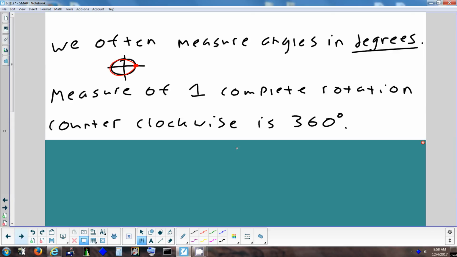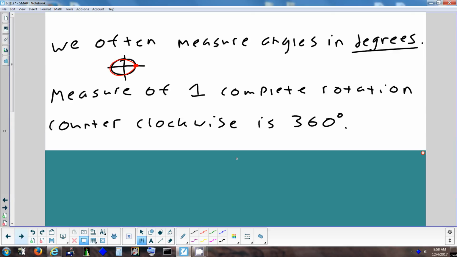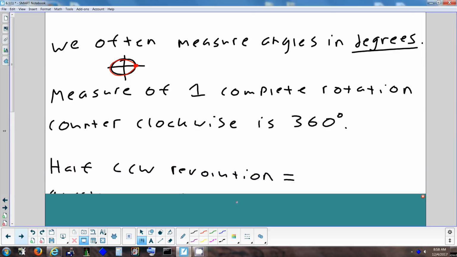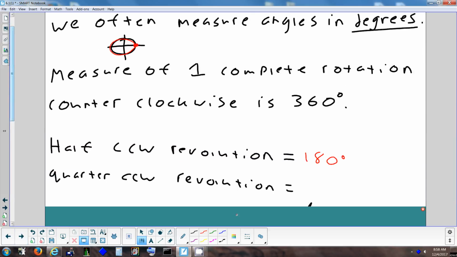Now, if you write it positive, positive implies a certain direction of movement on the circle, which is counterclockwise. So if one full revolution is 360, how much would a half counterclockwise revolution be? 180. And if we did a quarter revolution, it would be half of half, which would be 90.